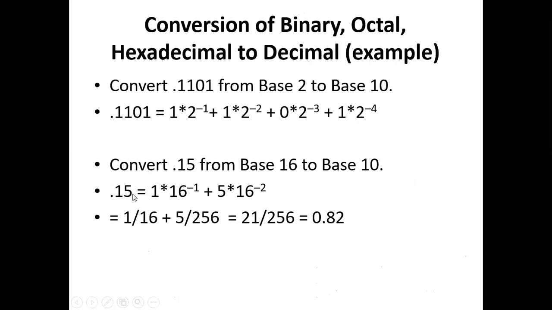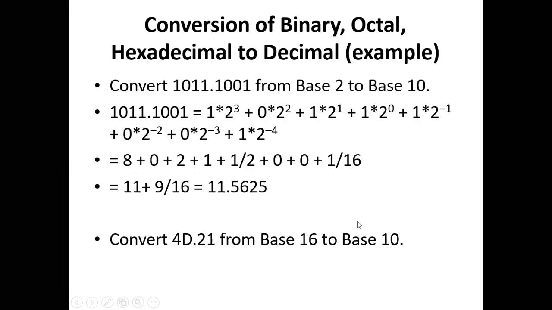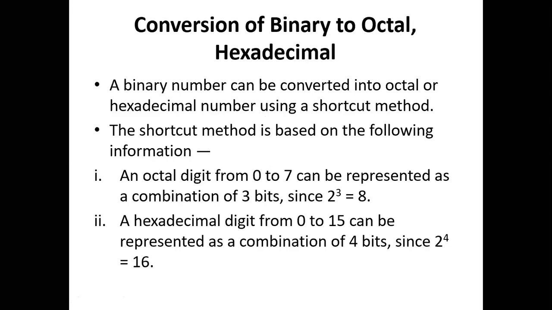Let's say for a number like 0.15, which is in base 16, converting it to base 10. This is how we do it. And the answer is that 0.15 in base 16 is the same as 0.82 in base 10. So these are just examples which you can work on.